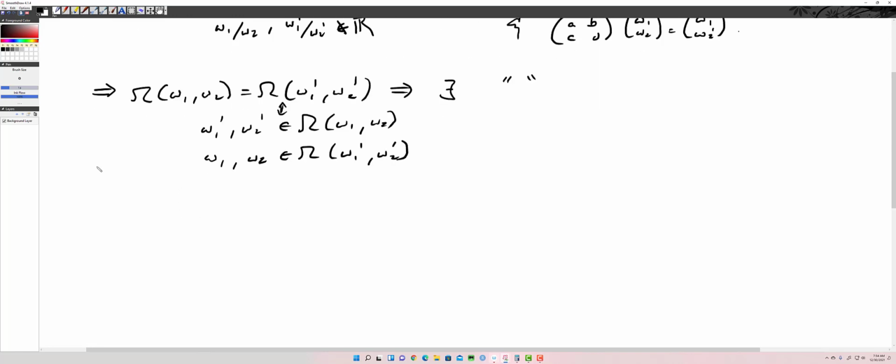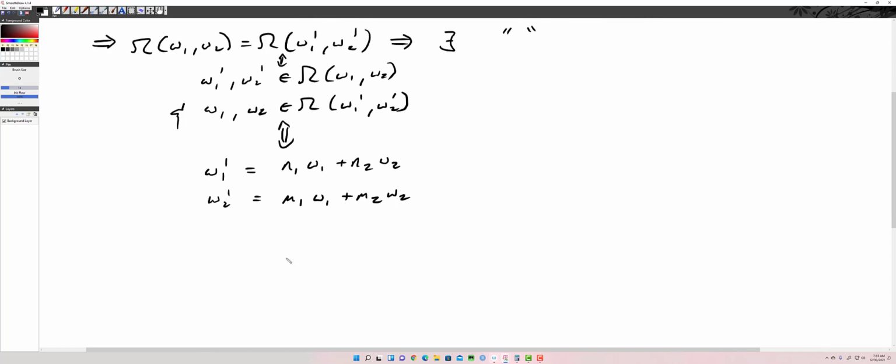I should put an and here. This is the same as writing omega 1 prime equals some n1 times omega 1 plus some n2 times omega 2, and that omega 2 prime is some m1 times omega 1 plus some m2 times omega 2.